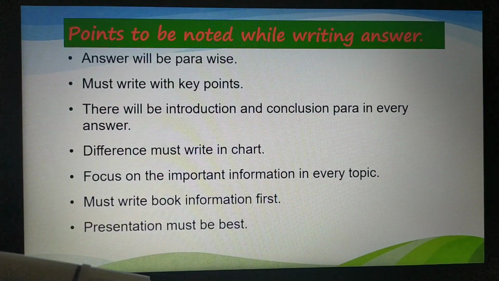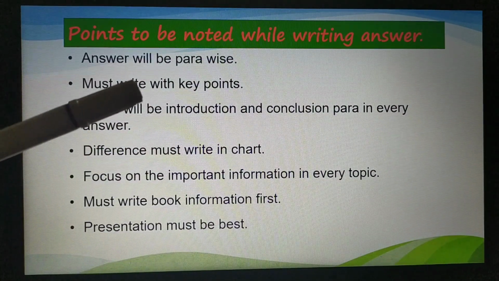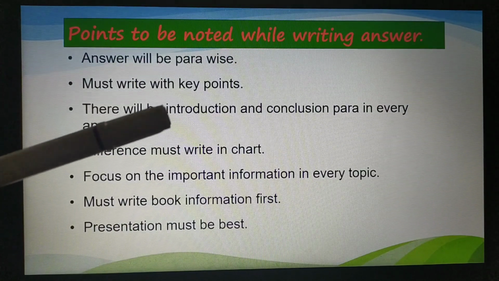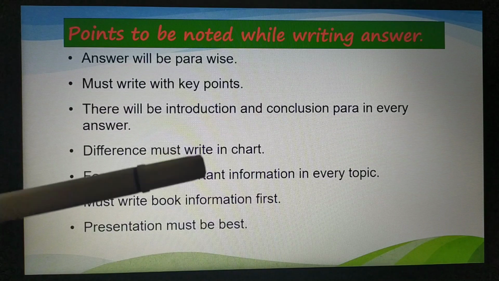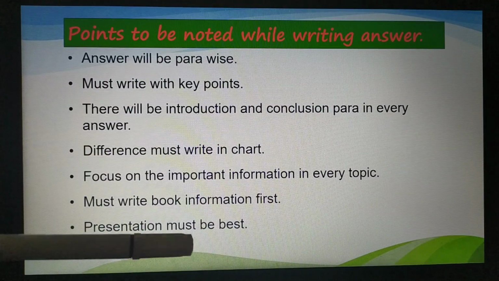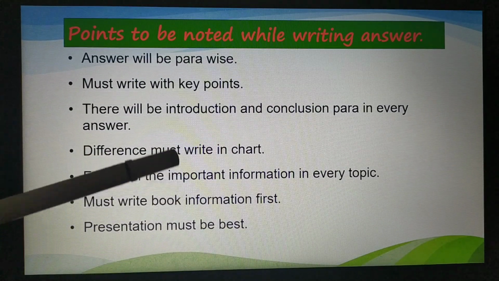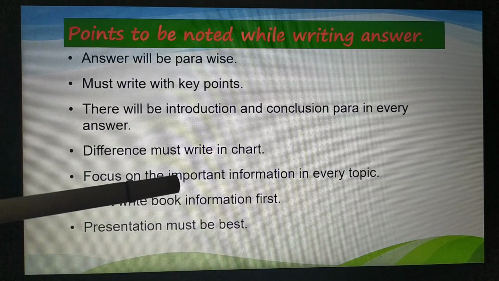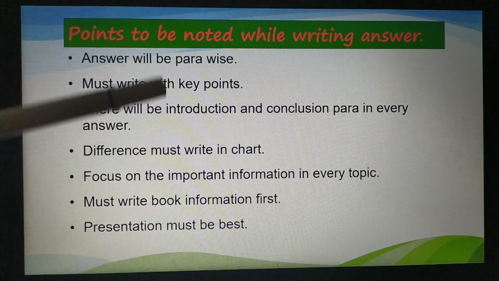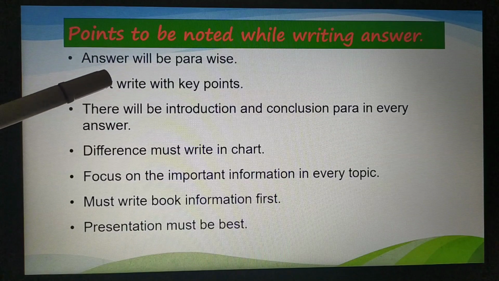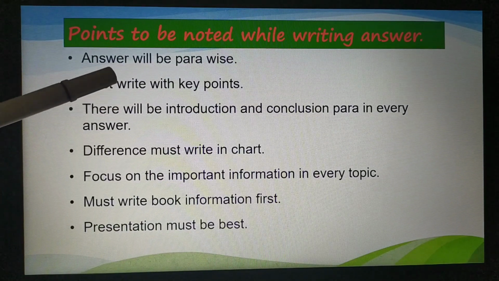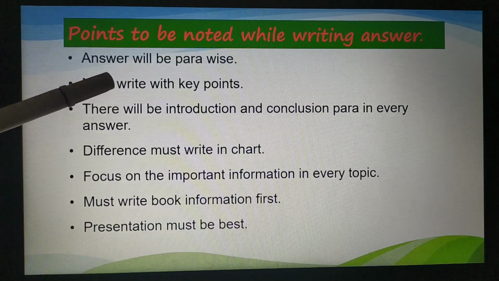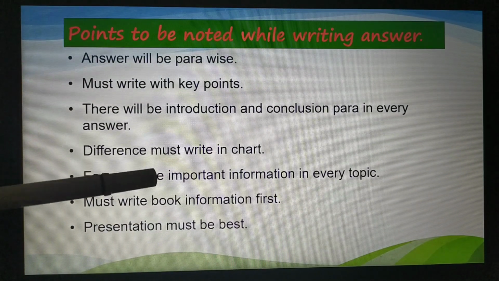There are lots of key points you must write. If you go through all the lessons, you will find points there. Like in case of business, ICT helps in business. How? There are 7 points. Those are key points, and obviously you have to discuss all of them. The discussion of those points will form paragraphs. So the answer will be parawise.